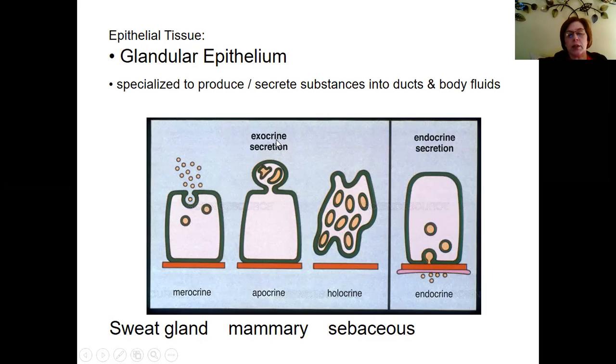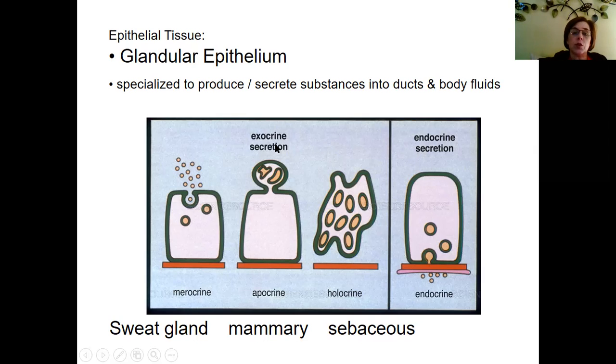An exocrine gland secretes into a lumen or out of the body. It could be onto the body surface, but a lot of times it's into a lumen or a duct. So exocrine: lumen, duct, or outside the body. Endocrine: into tissues or the blood.